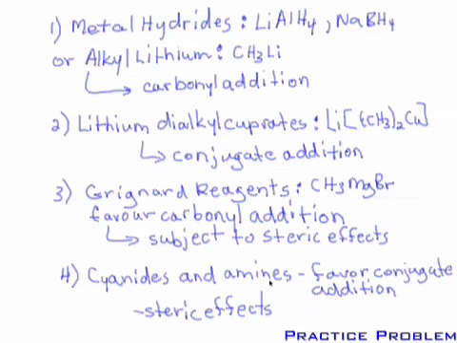Lithium dialkyl cuprates will always do conjugate addition. Grignard reagents will favor carbonyl addition, but they are subject to steric effects, and cyanides and amines will favor conjugate addition. These rules apply for nucleophilic 1,2 and 1,4 addition to alpha-beta-unsaturated carbonyl compounds.